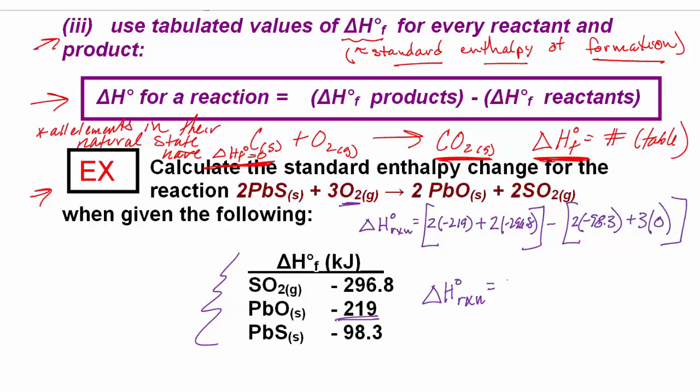Negative 219 times 2 plus negative 296.8 times 2 plus 2 times 98.3, we get about negative 835 kilojoules. You can write the per mole if you want.